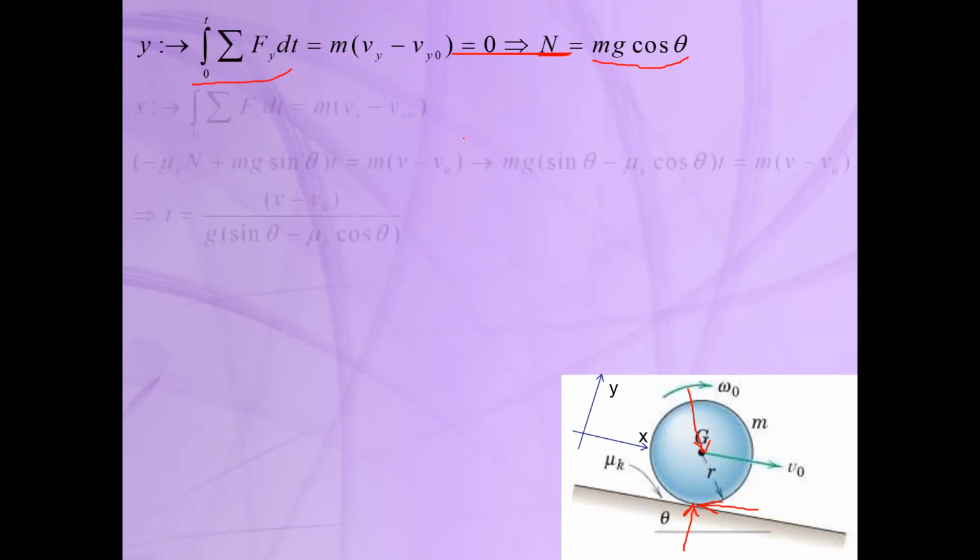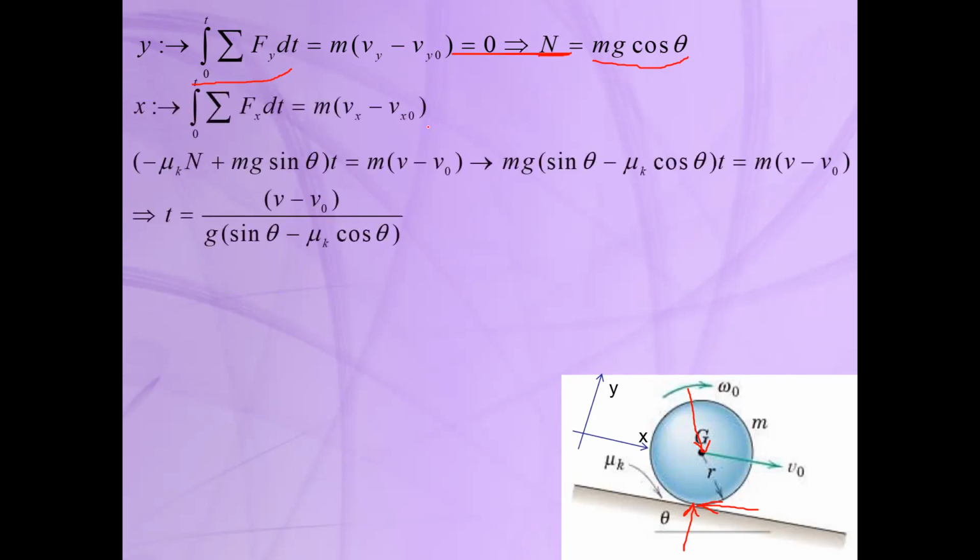from the impulse momentum equation in y direction. We can write the impulse and momentum equation in x direction. So we will have the impulse of the summation of the force in x direction, equal to the variation in the linear momentum, which is mvx minus mvx naught, where vx naught is v naught, this initial velocity.